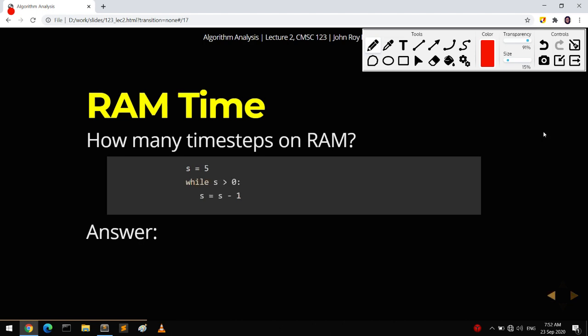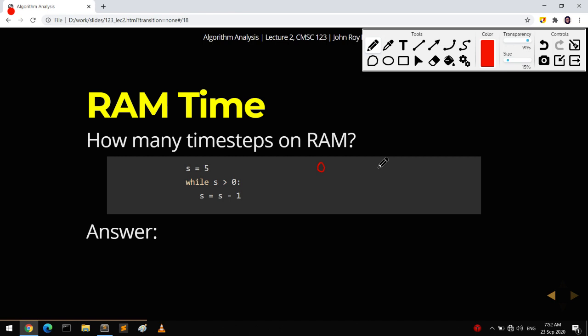Next, let's see a loop. How many time steps will this have on the RAM? So let's run it line by line. So s is equal to 5, and then while s is greater than 0, we decrement s by 1. Okay, so the first line will have 0 time steps as well, because again, this is only memory access, which is free.